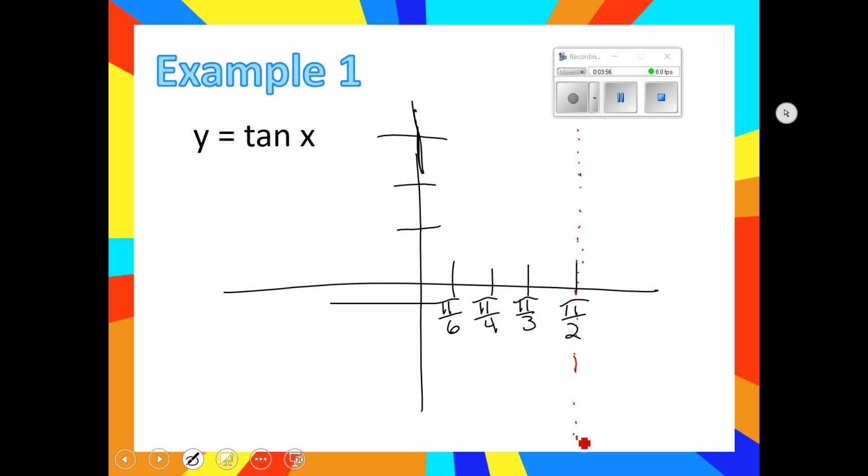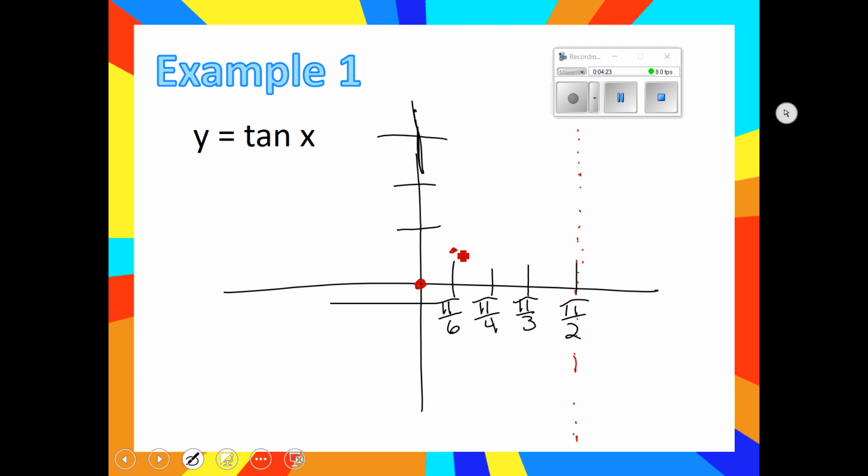All right, so let's plot these points. Our first point is going to be 0, 0, right? At 0, the tangent's equal to 0. At pi over 6, what's the tangent? 0.5. So 0.5 would be somewhere around halfway between 0 and 1.